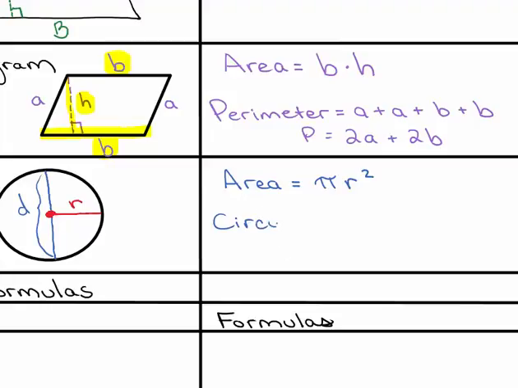Circumference. And that's going to be 2 times pi times r. Or another way to write circumference would be, because remember that 2 times r, that's the same thing as the diameter. So 2 times r is just d. So we could have d times pi, and that would also work.